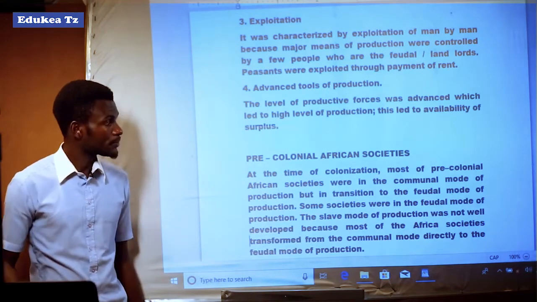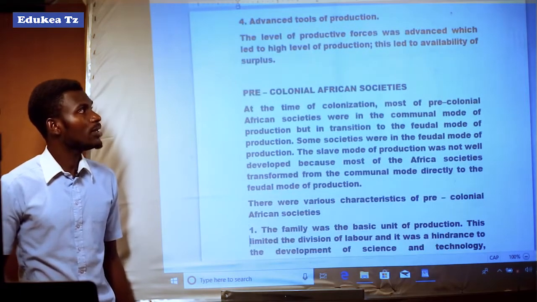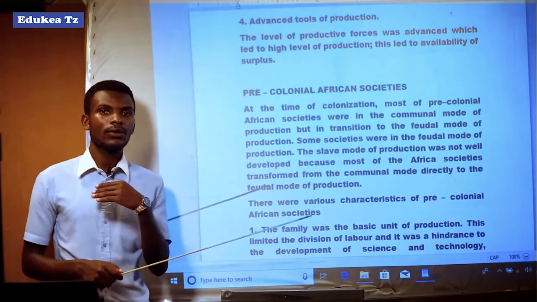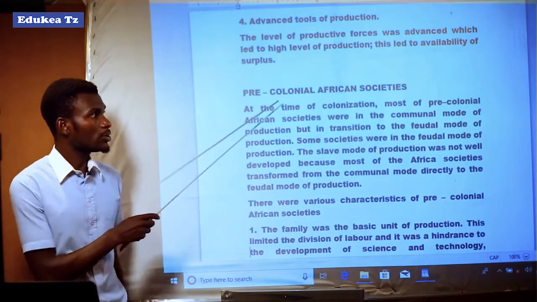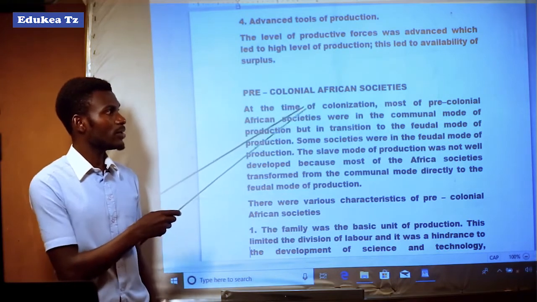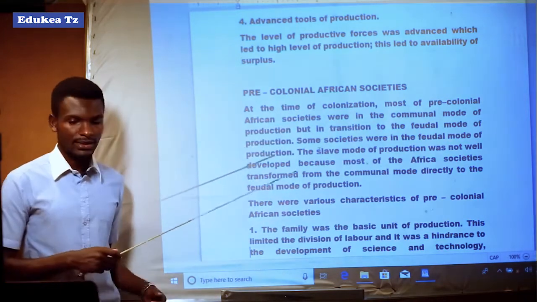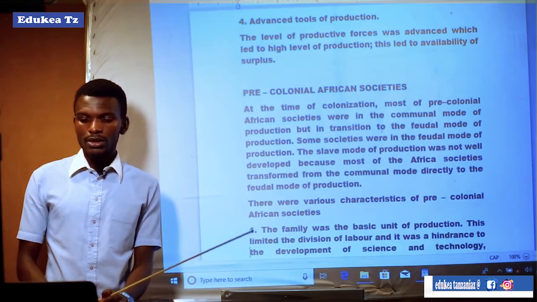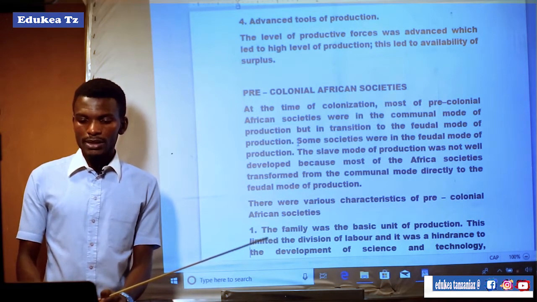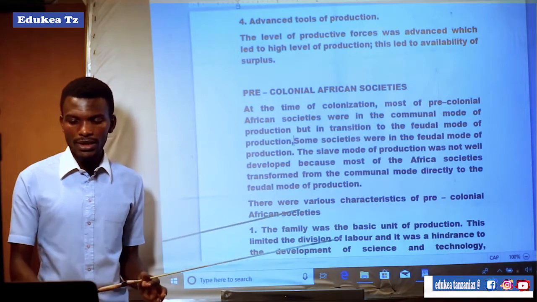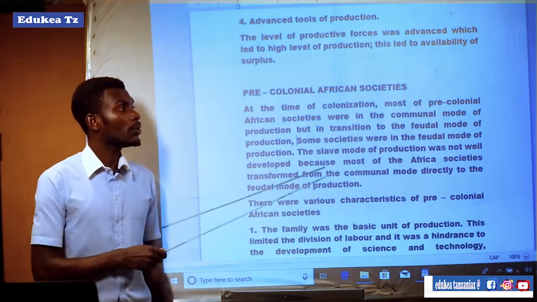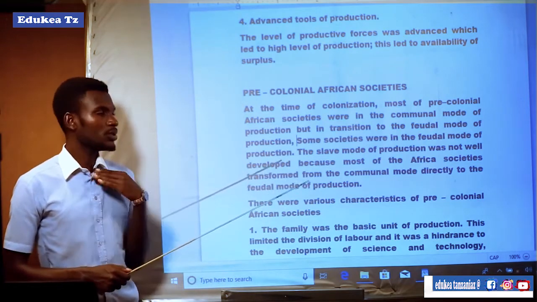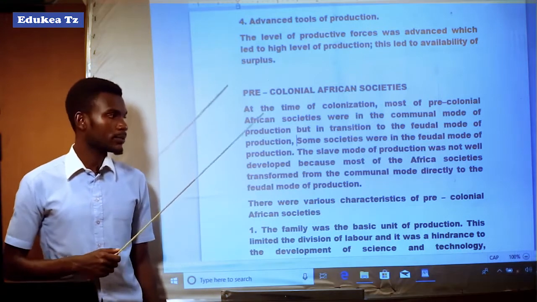So these were the pre-colonial African societies which existed before the coming of colonialists. At the time of colonization, most pre-colonial African societies were under the communal mode of production, but during the transition some societies were under the feudal mode of production.